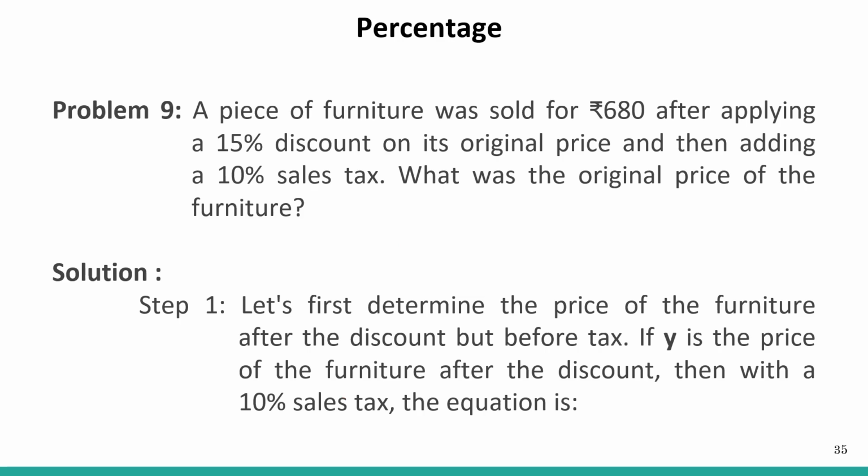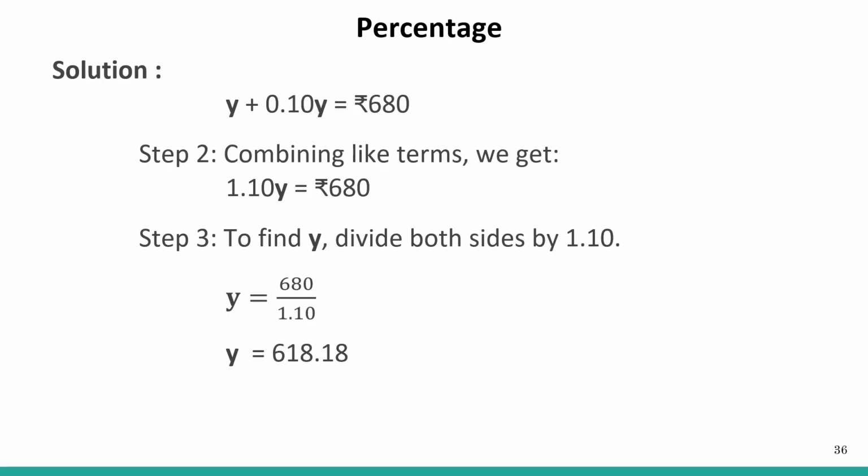If Y is the price of the furniture after discount, then after 10% sales tax, the equation is Y plus 0.10Y is equal to 680. Combining like terms, we are left with 1.10Y is equal to 680 rupees. To find Y, divide both sides by 1.10, and we get 618.18.